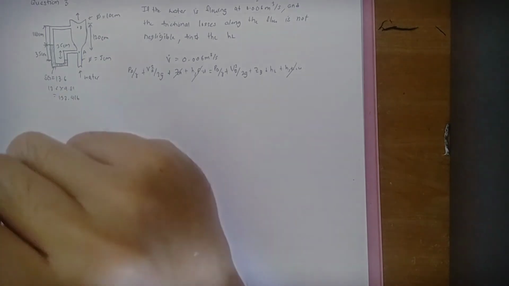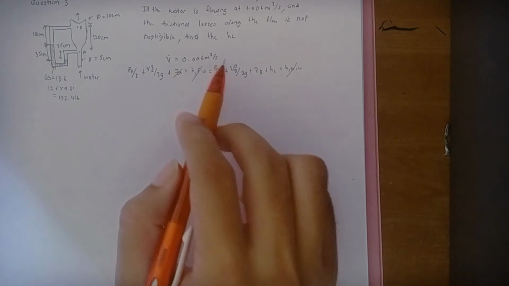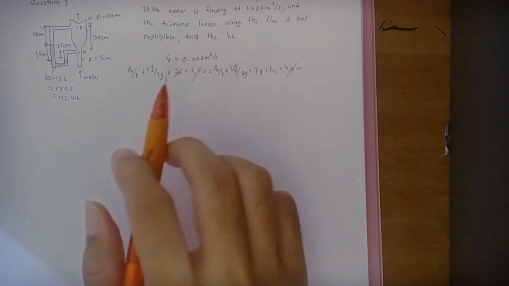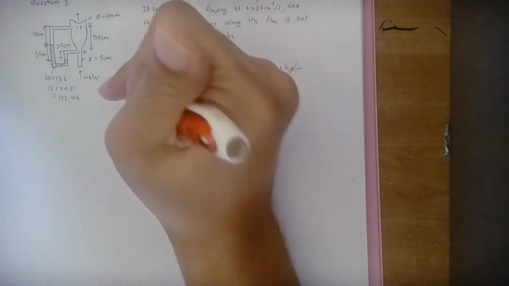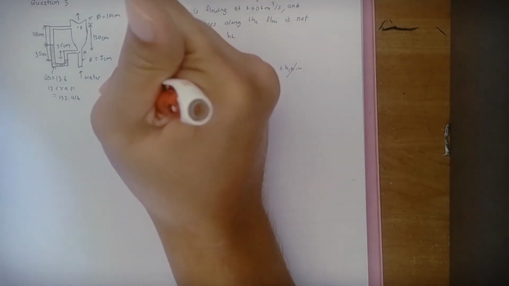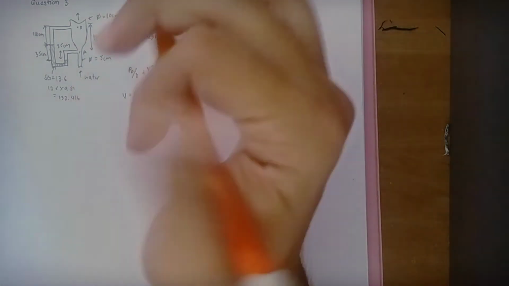For that, since we have the volume flow rate, we can find the velocity for point A. So Q equal to A times VA.